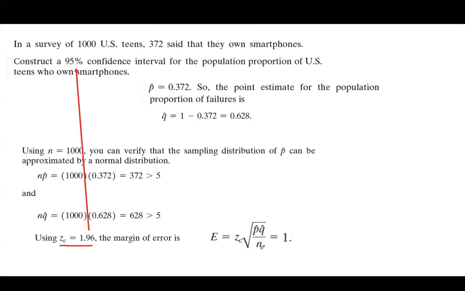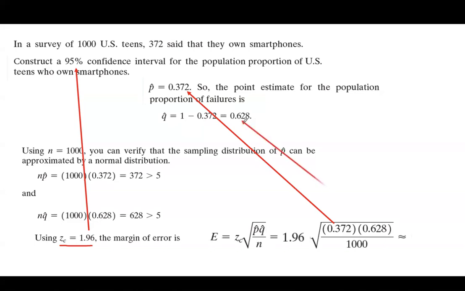So you have 1.96 multiplied by the square root of p hat times q hat over 1,000. Remember that p hat is 372 over 1,000, or 0.372. q hat is 1 minus p hat, which is 0.628. If you punch everything into your calculator, it gives you approximately 3%.